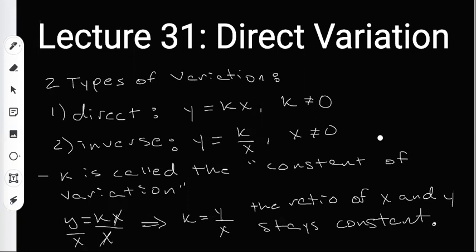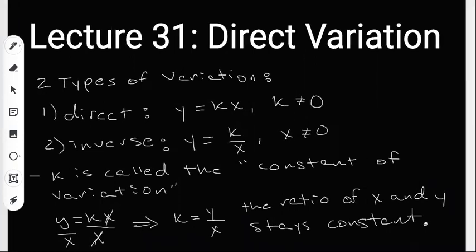Now, k is just a number. K is often called the constant of variation, or the constant of proportionality. In this class, we'll call it the constant of variation. And because we know that k equals y over x, we can say that the ratio of x and y stays constant. So those are the two different types of variation.